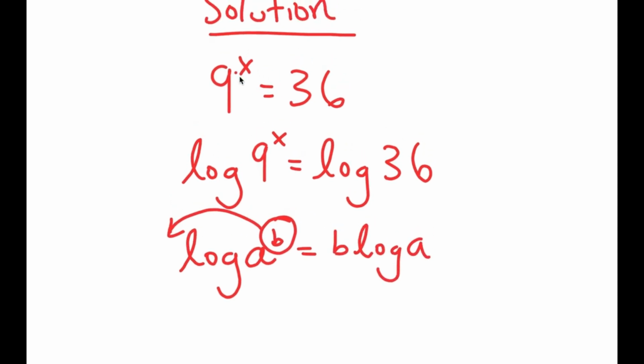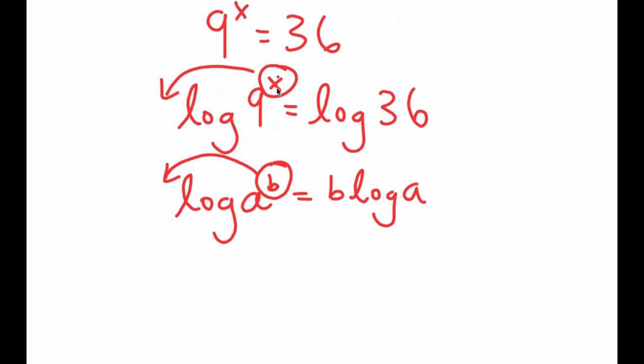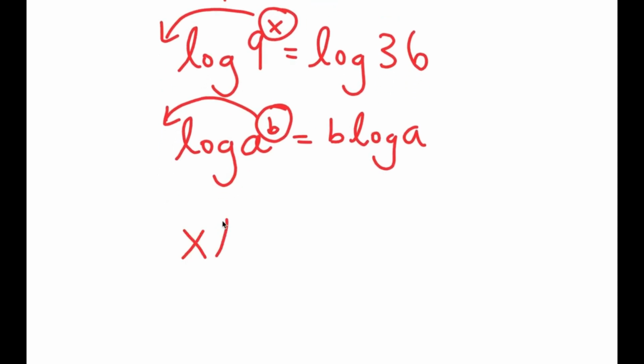So before, x was an exponent, and it's almost impossible to solve the equation just in that form. But now we can move x to the front, and now it's much easier to solve for x. So now I get x times log 9 is equal to log 36.